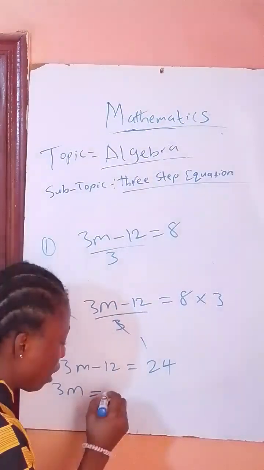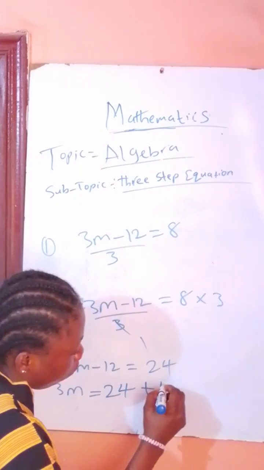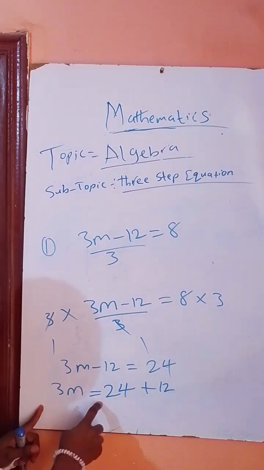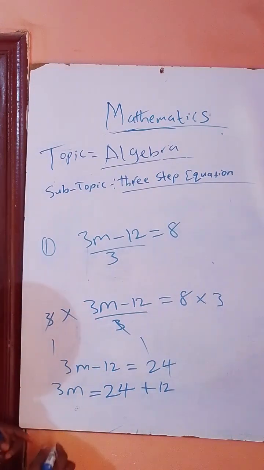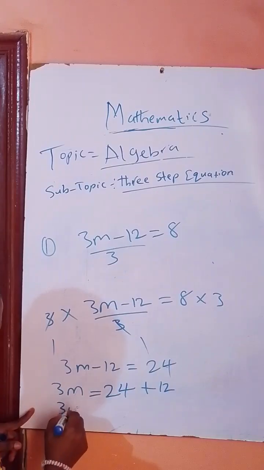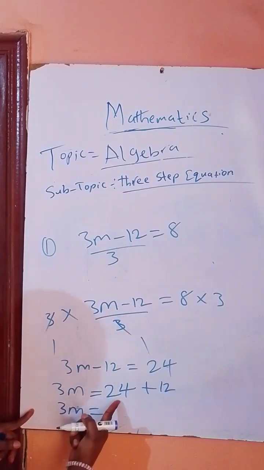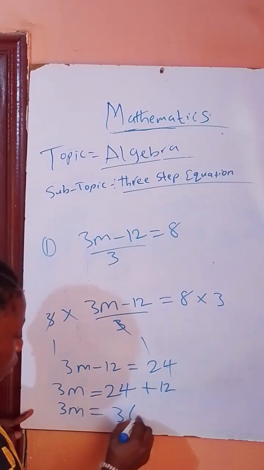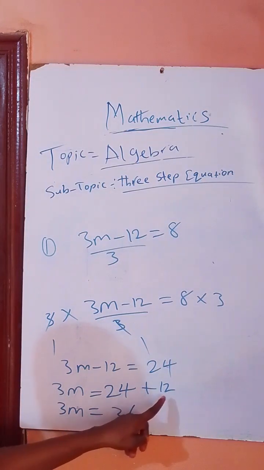We have 3m equals 24 plus 12. Bring down your 3m equals 24 plus 12, which gives us 36.